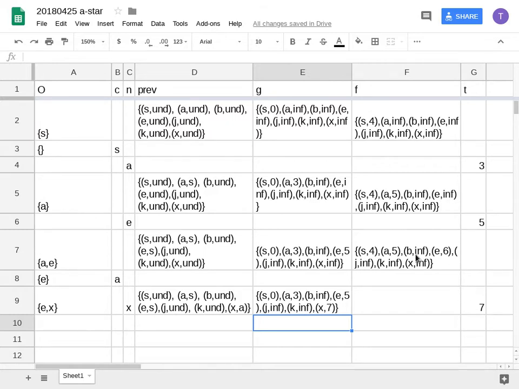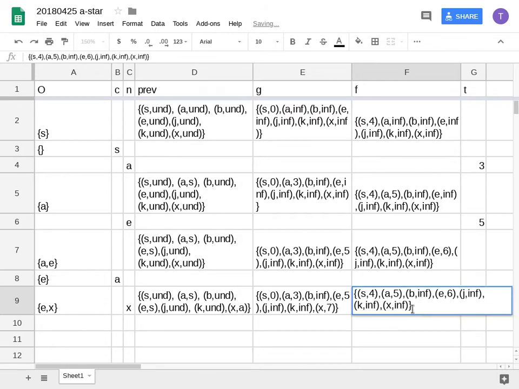And then f in this case is kind of easy to remember too, because it is really just g of x plus the heuristic of going from x to x. So what do you think is the proper underestimate of distance going from vertex x to vertex x when the estimate cannot go negative?